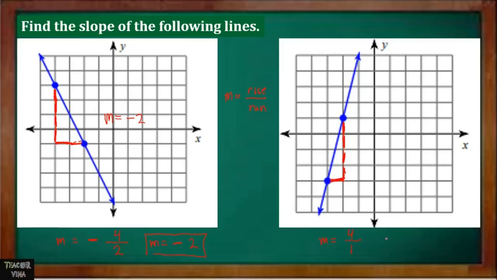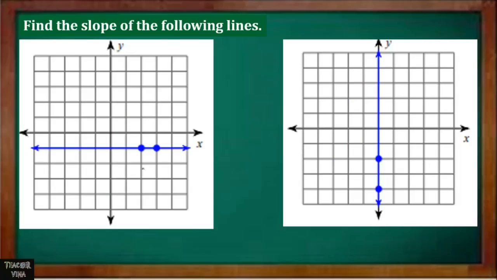And 4 over 1 is simply equal to positive 4. Therefore, the slope of this line is equal to 4. Next, in this graph, since this is horizontal, remember, if we see a horizontal line, the slope of that is equal to 0. Okay, so slope is equal to 0.